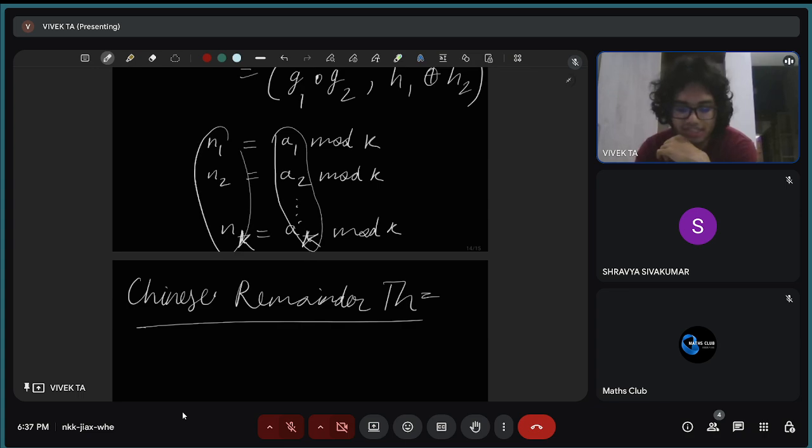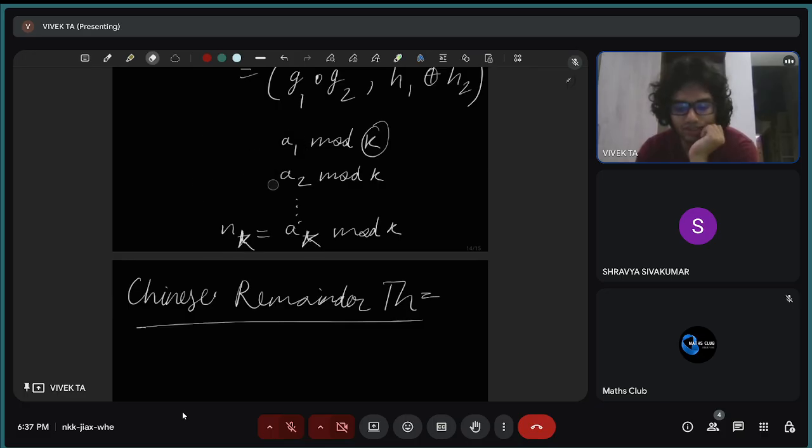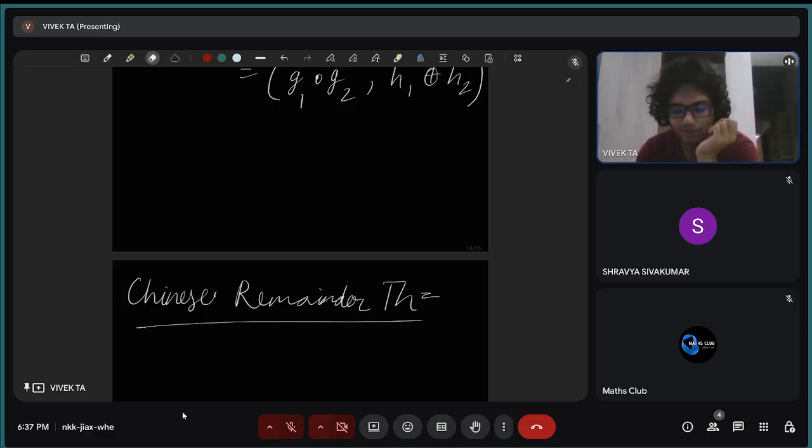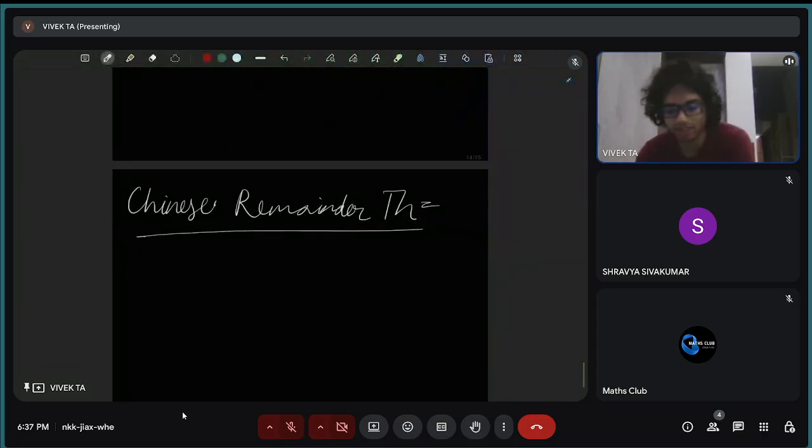So if these are given and this is given, you can uniquely find these. No need to prove this because you will probably see it in your discrete math course, so I don't need to bother to prove it here.